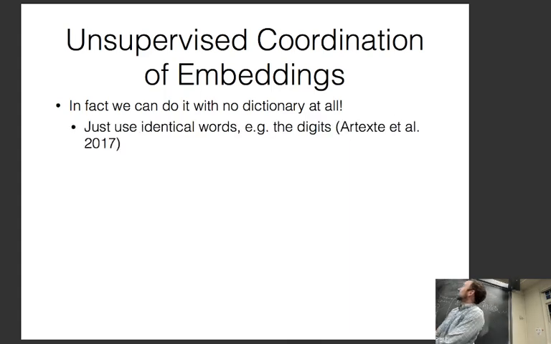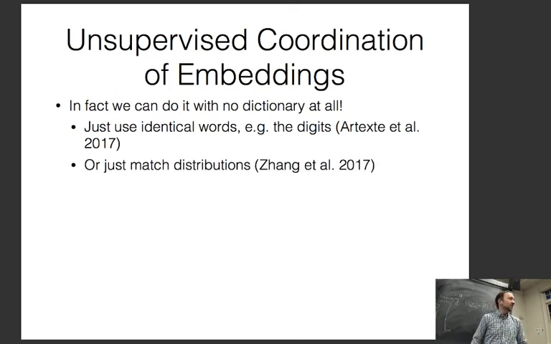So one simple way that works is we just use the words that are identical across the languages. So for example, we just use the digits, 1, 2, 3, 4, 5, 6, 7, 8, 9. And that's a large enough dictionary to actually allow us to do cross-lingual mapping of embeddings. Another even crazier idea is the distributions of the embeddings should look similar across the languages.